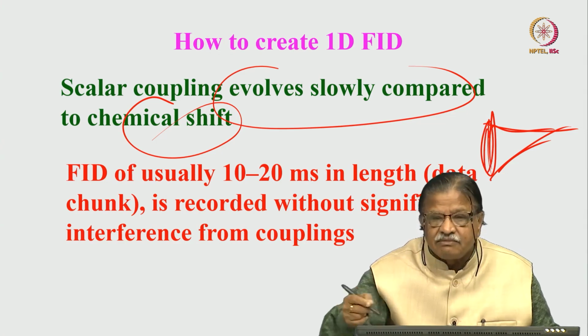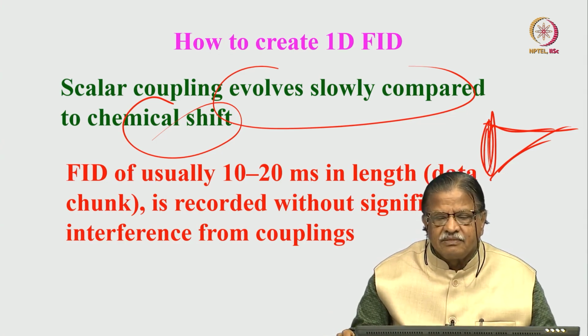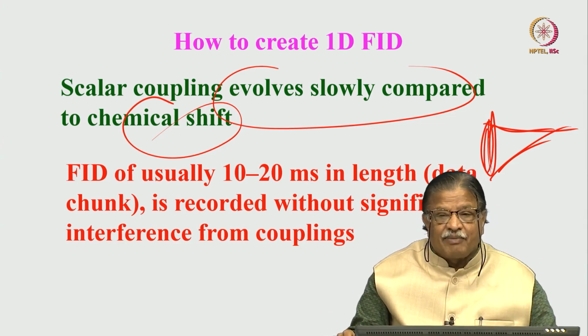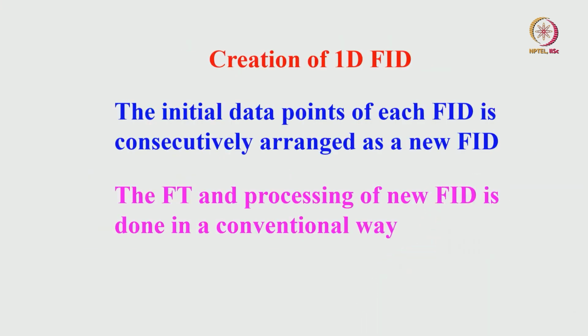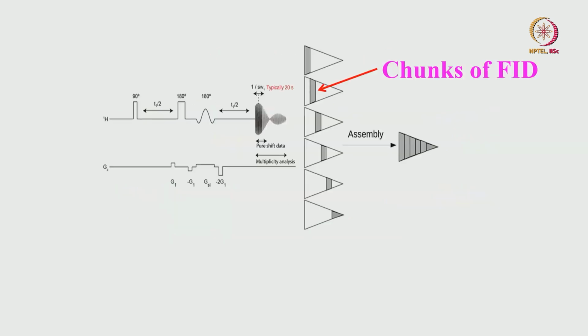Collect only this much, then there won't be any interference from J coupling. This is the important idea. How do you create the FID? Initial points of each FID are taken and arranged consecutively as a new FID, and then you do the Fourier transformation of the new FID. This is how it is done.